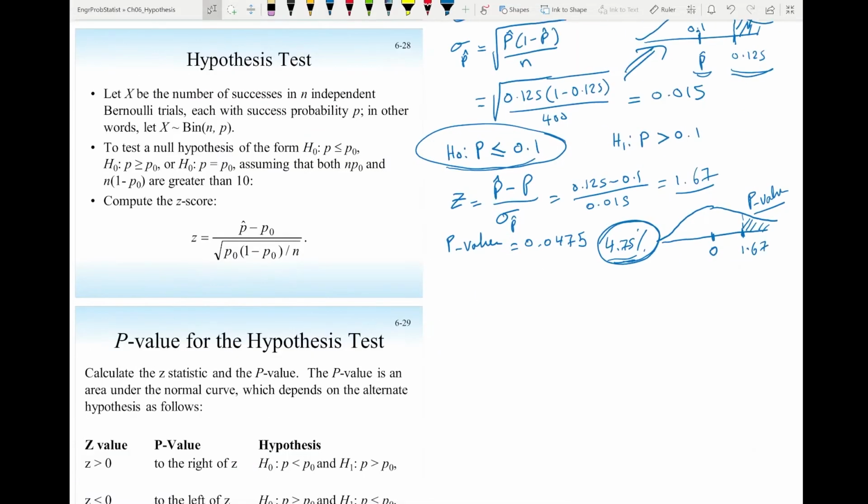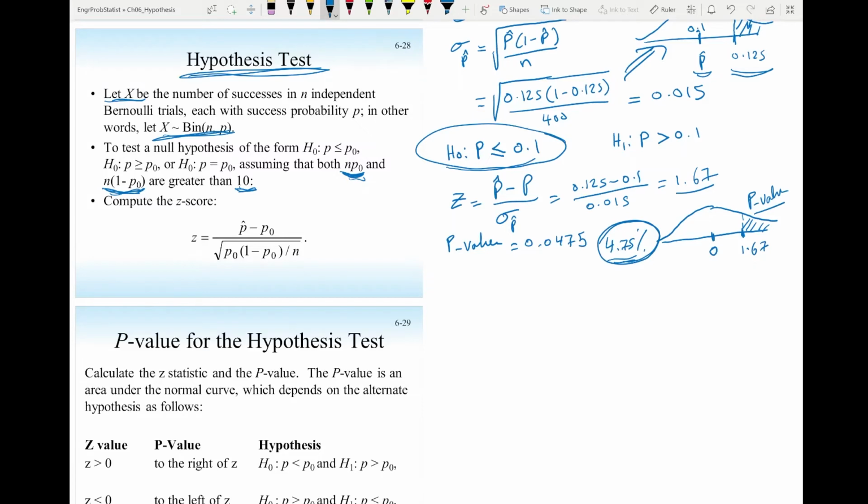Okay, so the hypothesis test basically, first, x could be the number of successes or the number of failures, and it will have a binomial distribution. And if we choose a sample with large n, and the probability of success or probability of failure is small, but this quantity here, n p0 or n times (1 minus p0), is larger than 10, then x will have a normal distribution.